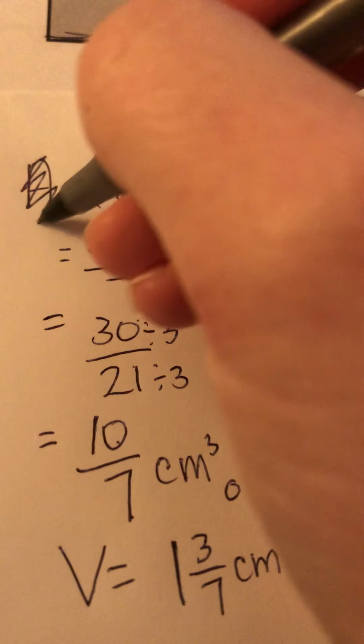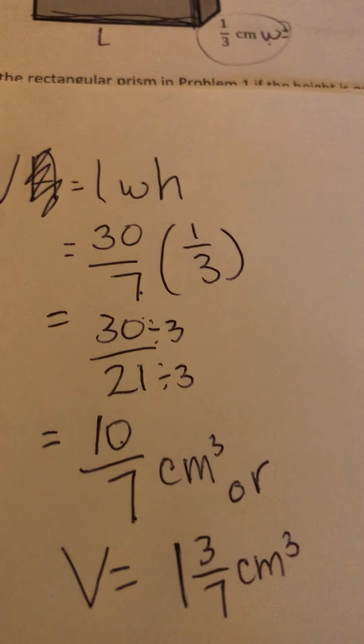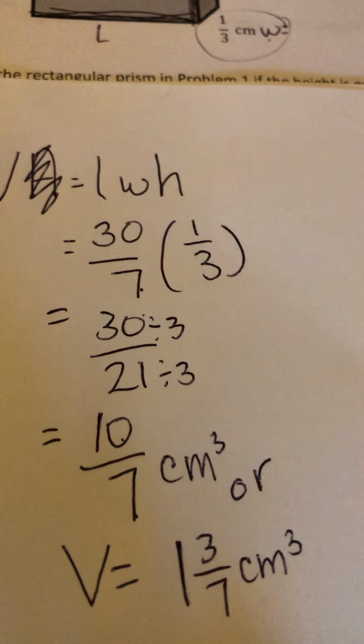This is an improper fraction, so we're going to say 10/7 centimeters cubed, or 7 goes into 10 one time with 3 left over, and 7, as our denominator, stays the same. So the volume, I'm sorry, this shouldn't even be A up here, it should be V. The volume equals 1 3/7.